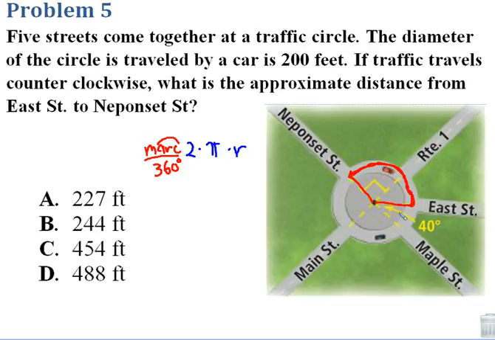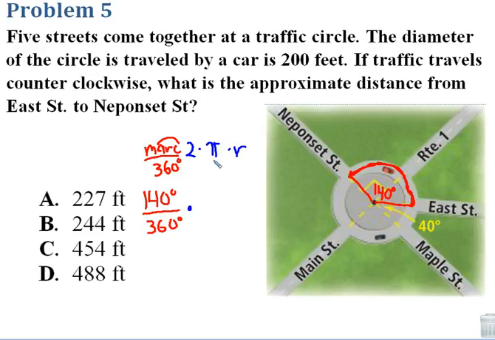So first thing we'll figure out is that for this arc length here, it looks like I'm 40 degrees short of 180. So 90 plus 40 will give me 140 degrees for an arc measure. So setting our equation up, we can say we have 140 over 360. So there's our fraction of the circle. And then we're going to multiply that by the entire circumference.